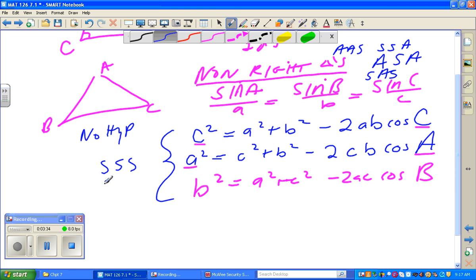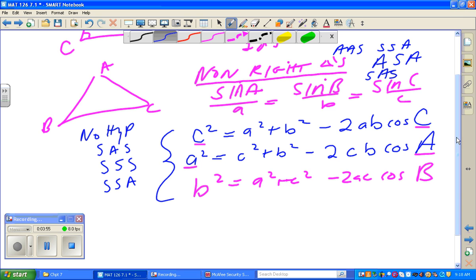You can also use it for side, side, angle. Notice you have to be given two sides to use the law of cosines. Side, angle, side, you could also use in the law of cosines. But you have to be given more sides for the law of cosines. You have to be given more angles for the law of sines. All right? That's why you have to know both of them.